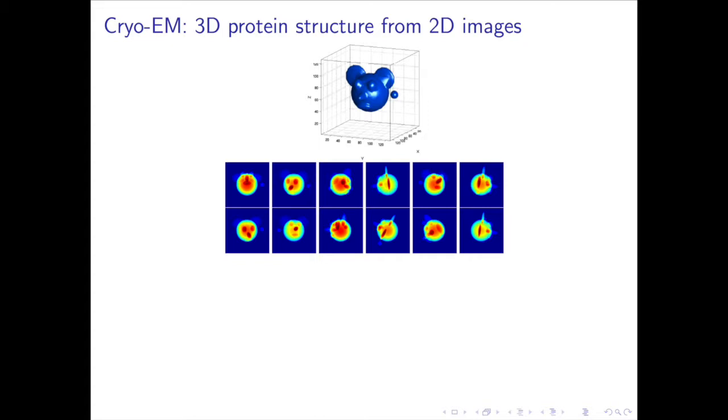This is what cryo-EM detects with the electrons. And so you have this unknown function from R3 to R, and some orientation, it's rotated, and then you take line integrals, say in the z direction of the rotated function.